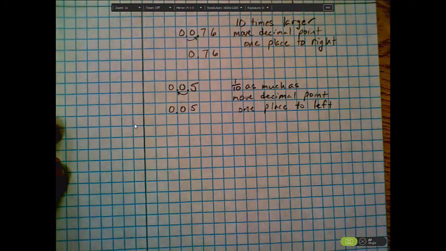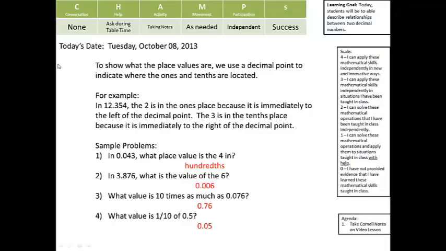So 1/10 as much, we're going to move the decimal point one place to the left. 10 times larger, we're going to move the decimal point one place to the right. And so our answer is 5 hundredths. And again, we write that 0 before the decimal point, then we have a placeholder 0, and then we have the 5 in the hundredths place.